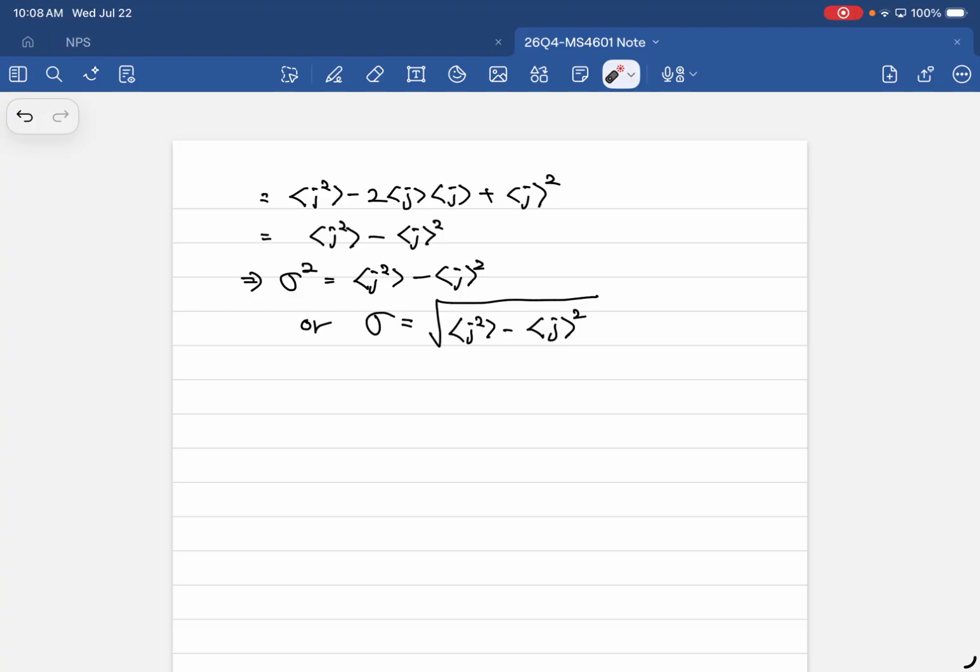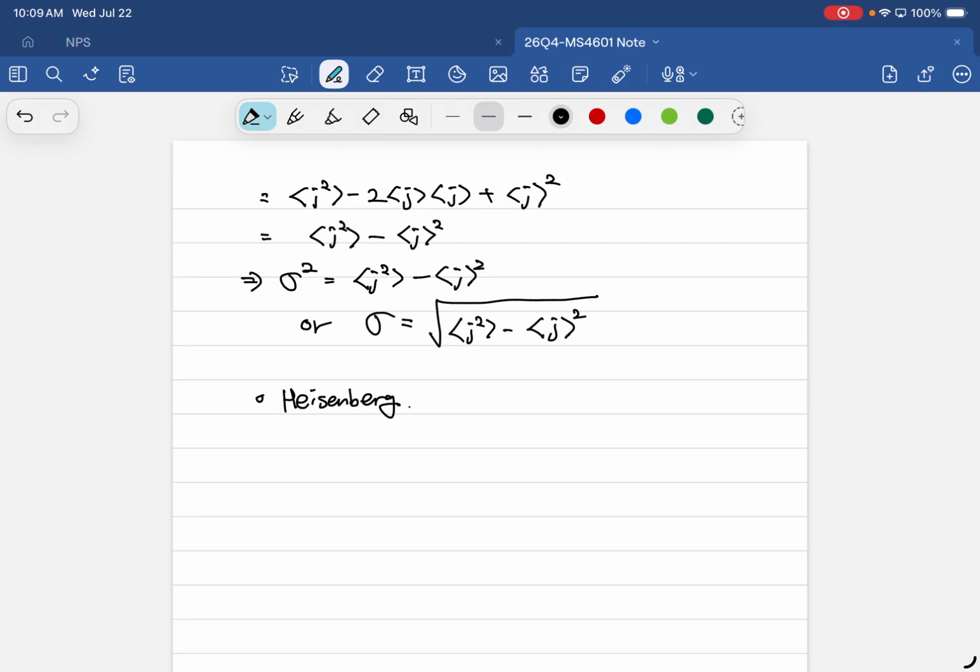Okay. So there is actually another important concept from quantum mechanics, which is the Heisenberg uncertainty principle.